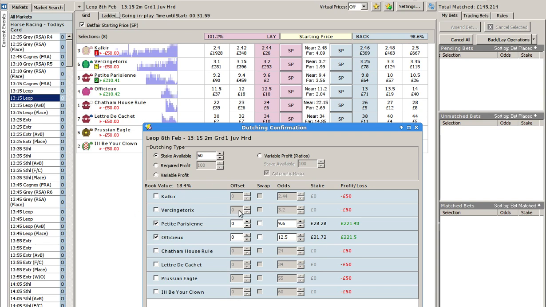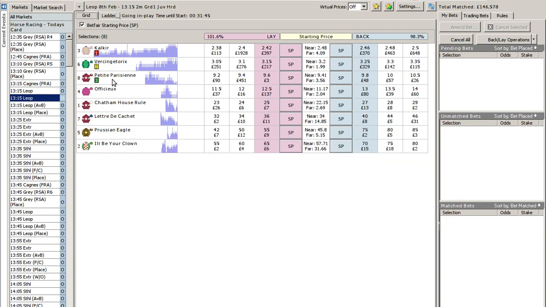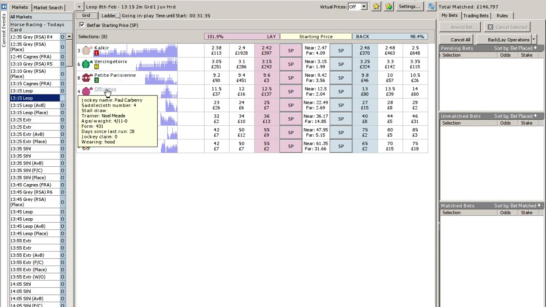So we've identified the two runners that we want to get involved with regard to their odds. How do they look with regard to their performance? Well, Petit Parisien has only had one run, but it's been second. The next one down has been 4-3-1.